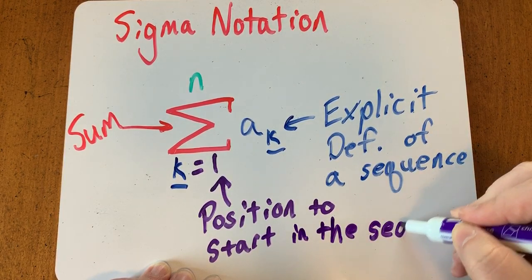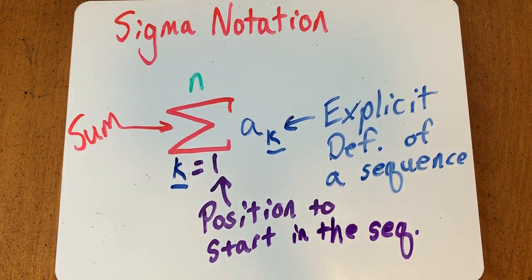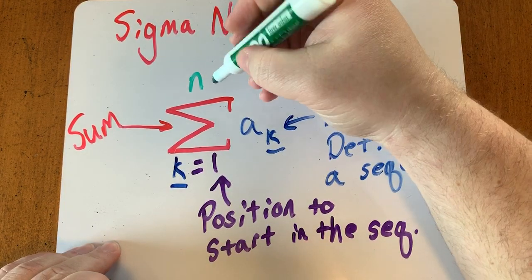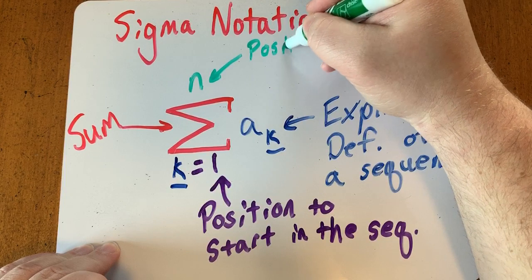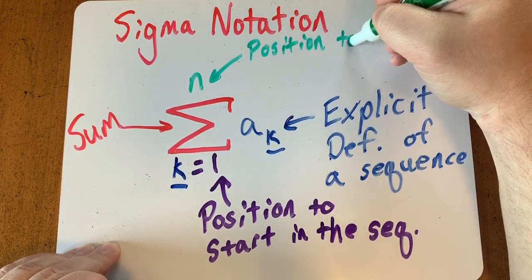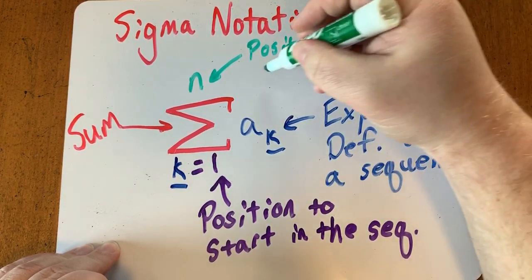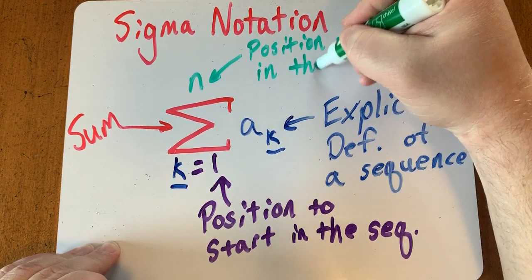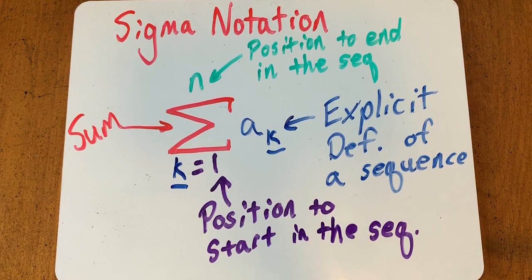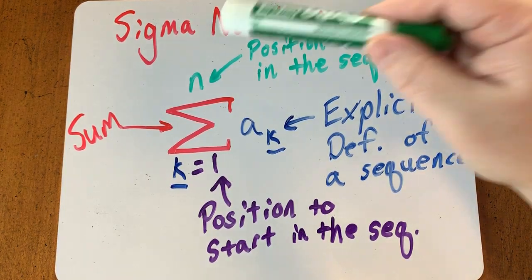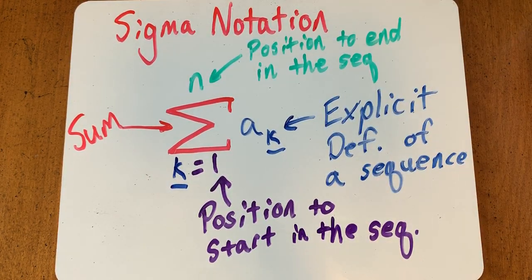But say if that was 5, you would start at the 5th term in the sequence and add up the successive terms from there. And this number n on top of the sigma is the position to end in the sequence. So if we wanted the fourth partial sum, that number would be 4.